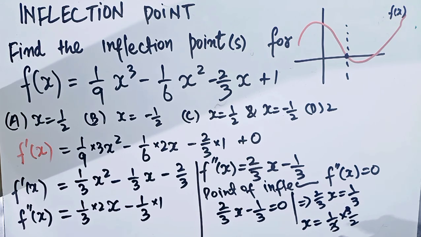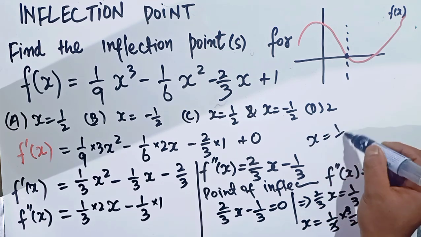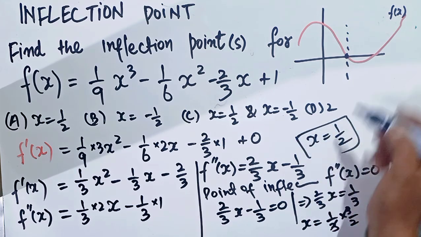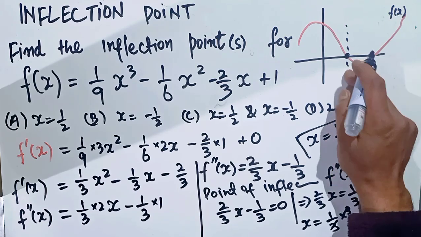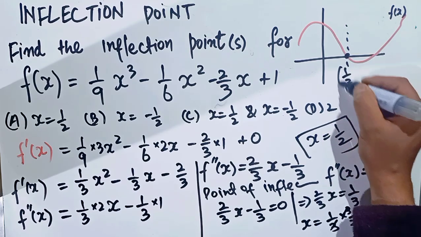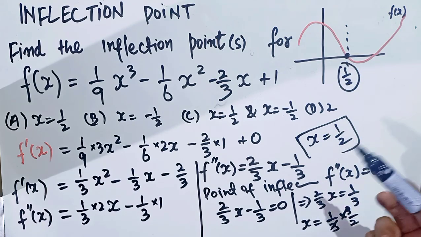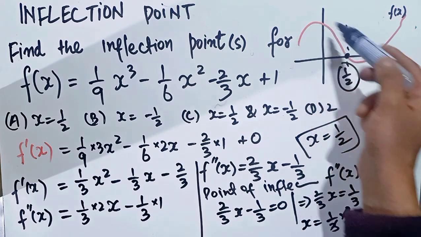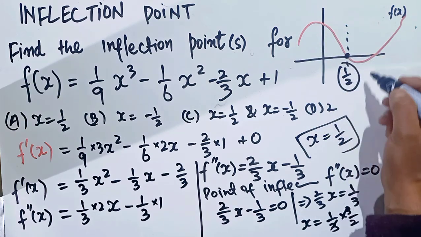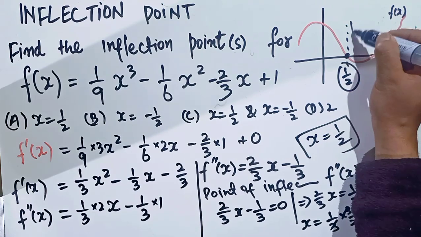So 3 and 3 get cancelled, and x will be equal to 1/2. That means this point, 1/2, is the point where the sign of curvature of this function changes, and this point will be called the inflection point.